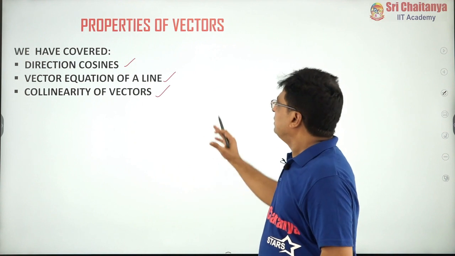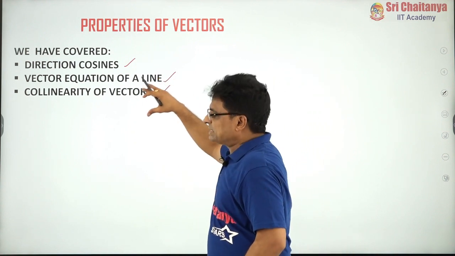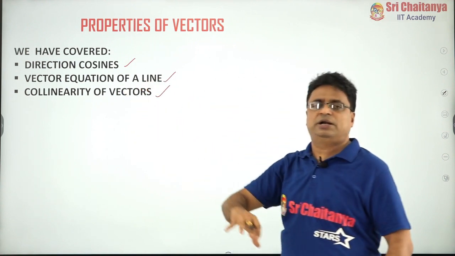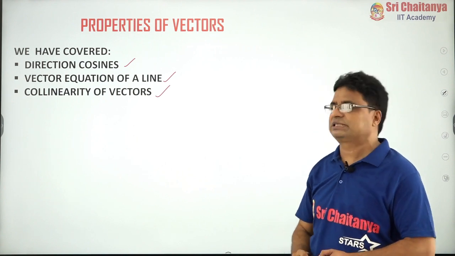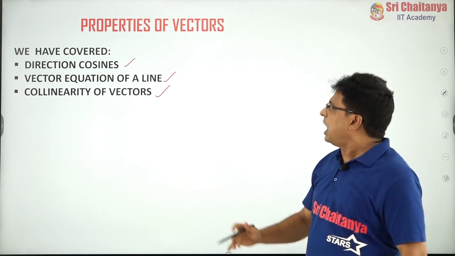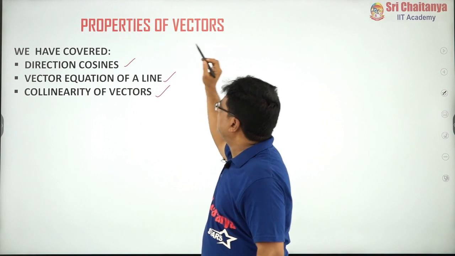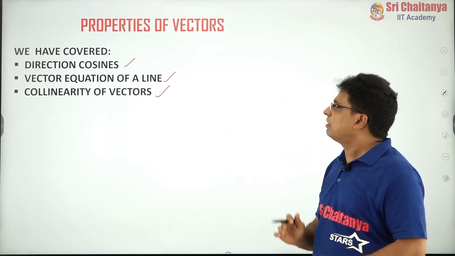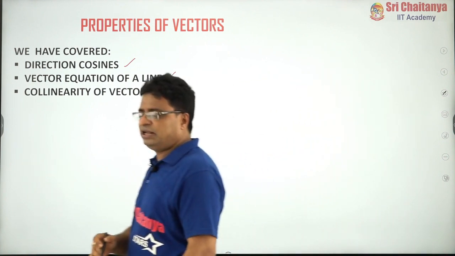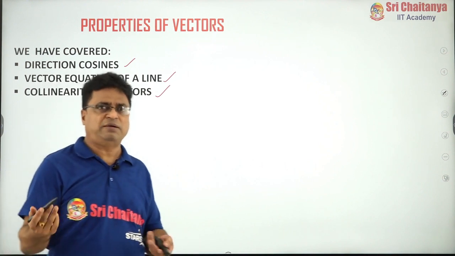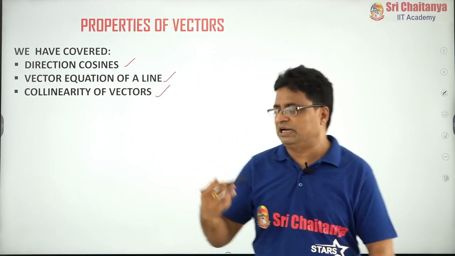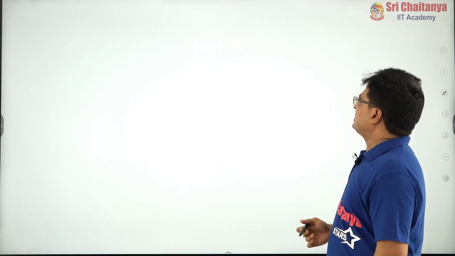Again here, I am going to concentrate on the best theorem in collinearity of vectors, and direction cosines and direction ratios of the vector, as well as vector equation of the line, and if possible, vector equation of the plane I may cover. Let us see, what are the direction cosines?